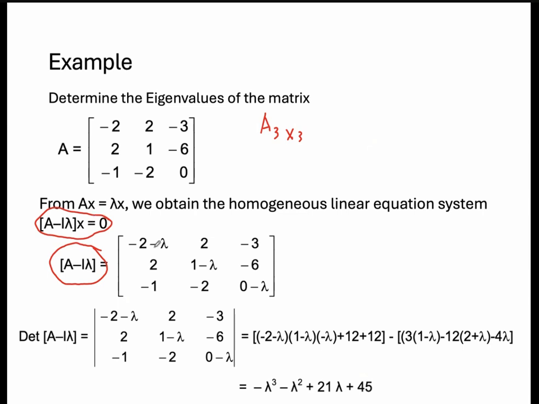So this matrix, based on the theory in the previous slide, if we have matrix A, we subtract the diagonal of matrix A with the eigenvalue. For the eigenvalue, we use the symbol lambda.